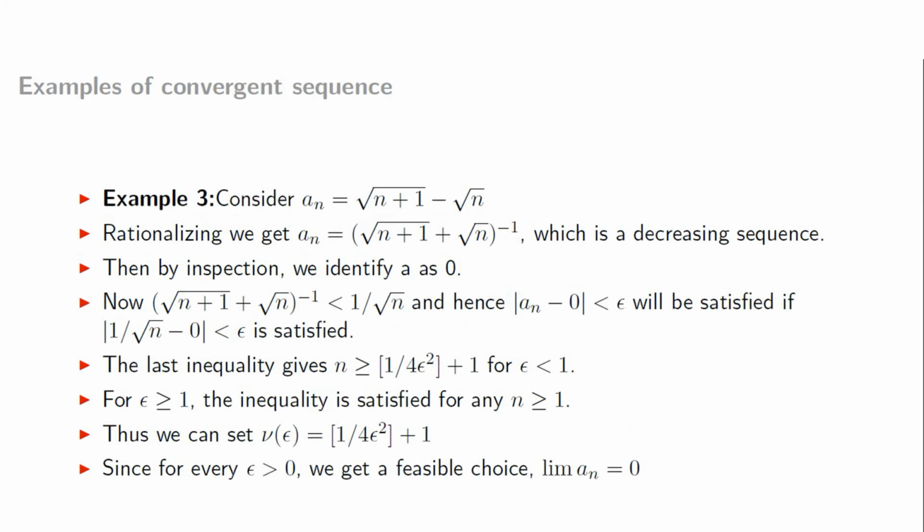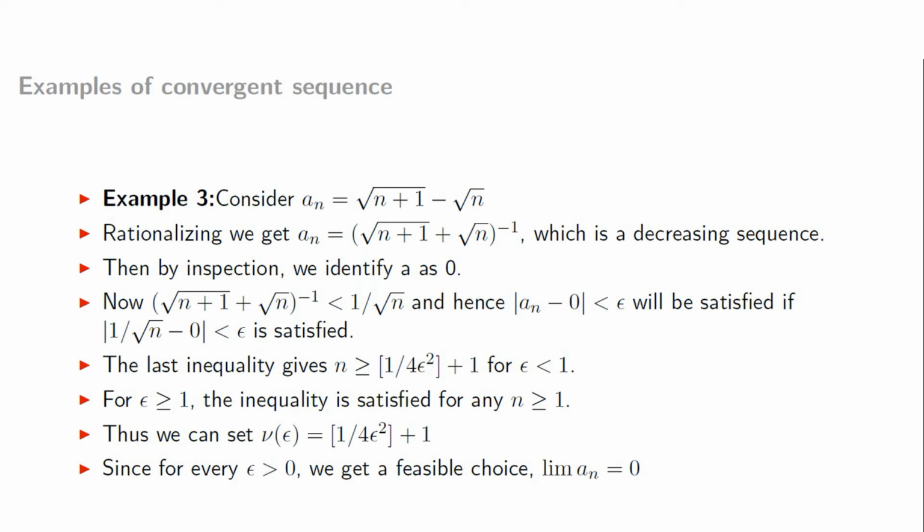Consider our third example, which is a n defined as square root of n plus 1 minus square root of n. Simply rationalizing, we get a n as 1 by square root of n plus square root of n plus 1, and it is easy to observe that this a n is nothing but a decreasing sequence.